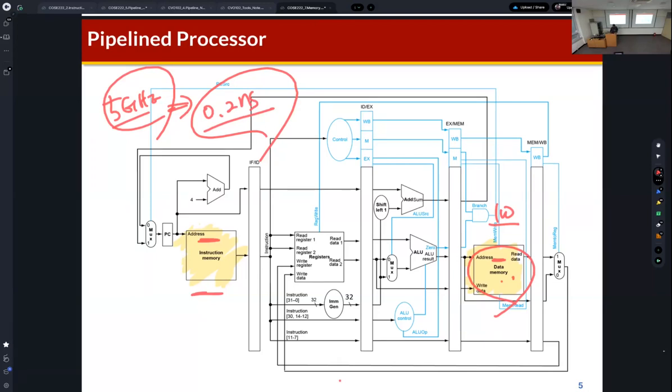Okay, so what's the problem? The processor requires data for executing instruction. And this data needs to be read from memory, but memory is slower than processors. Processor is very fast. Memory is slow. But processor needs to read data from the memory.